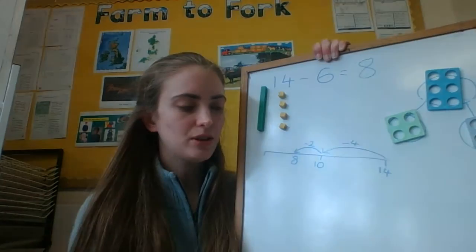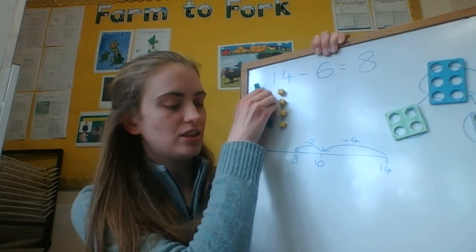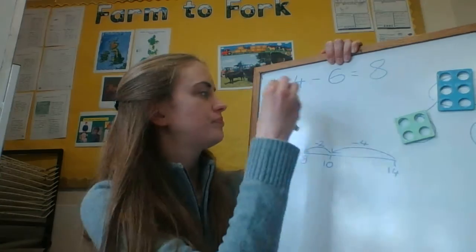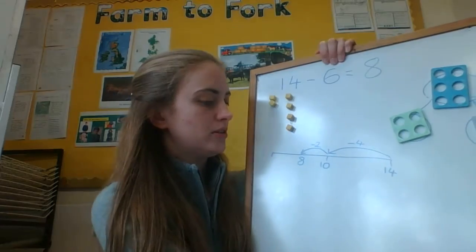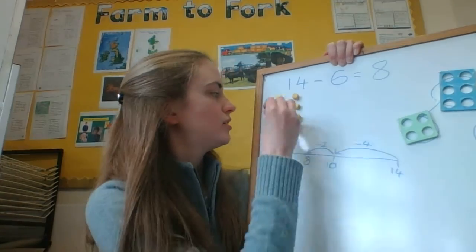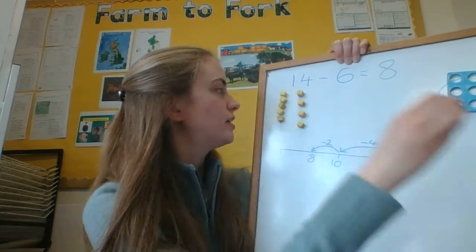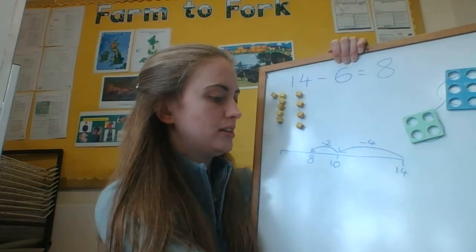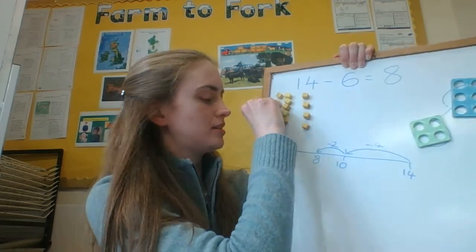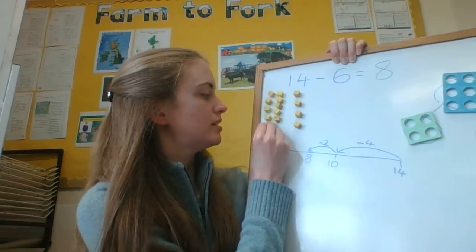And let's check that with base 10. Now, what we'd need to do is change this for 10 ones, so I can do it. 1, 2, 3, 4, 5, 6, 7, 8, 9 and 10.